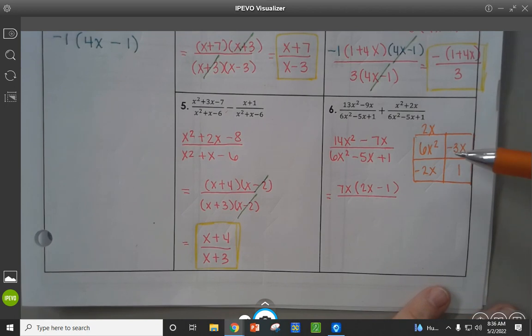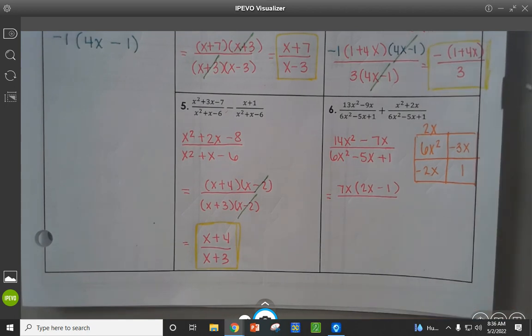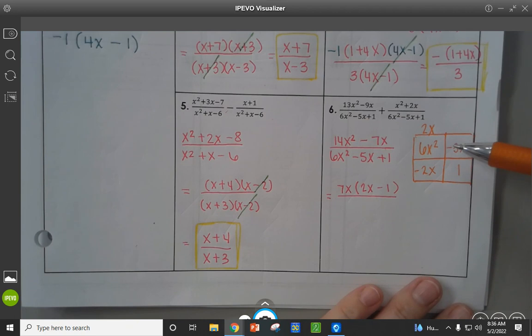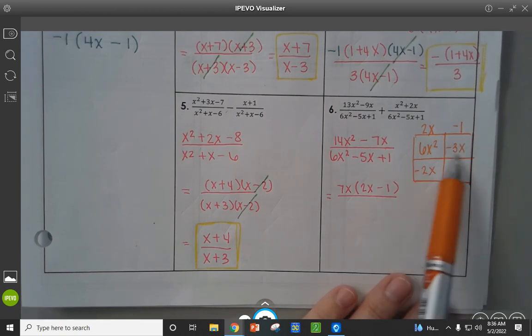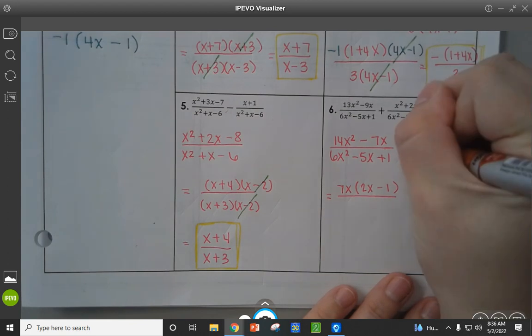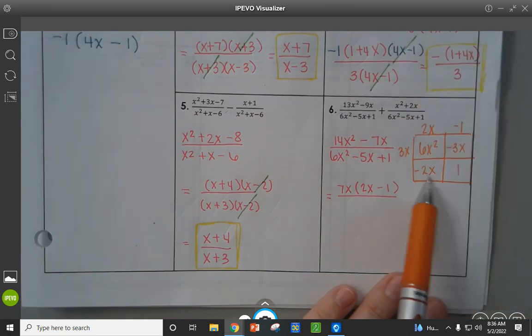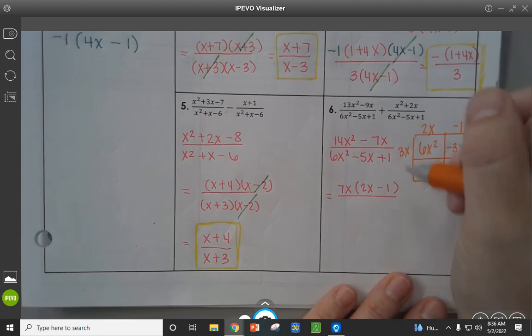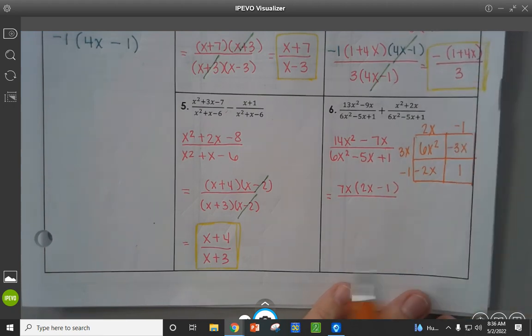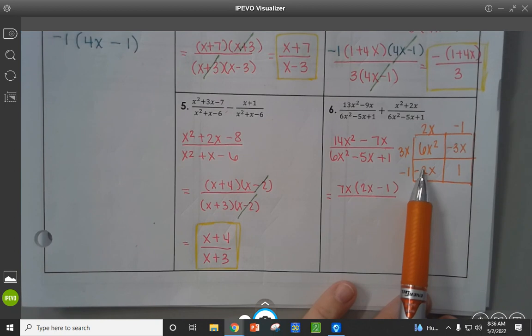They don't have anything in common, so we would put 1. However, whenever your first box is negative, your GCF has to be negative. Now, what's the GCF of this row? 3x. And the GCF of this row? It would be negative 1. Yep. Because that first box is negative.